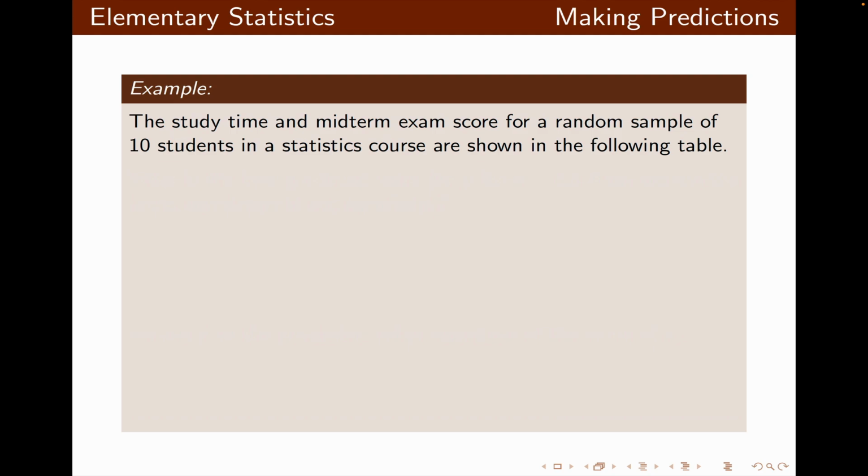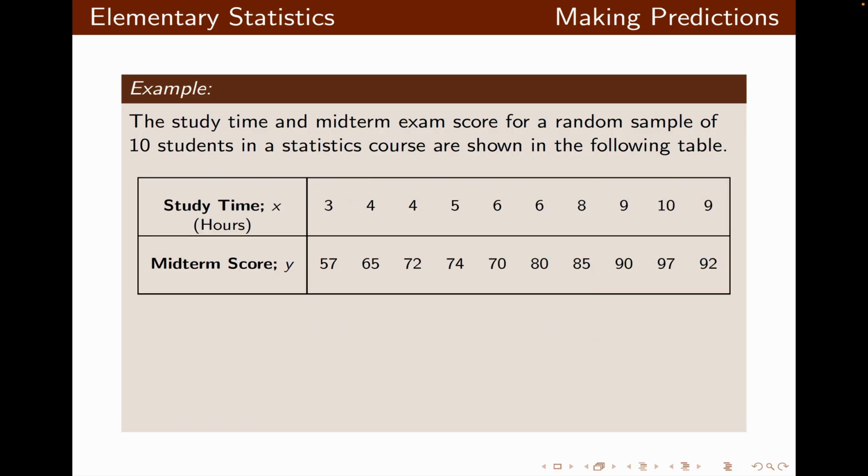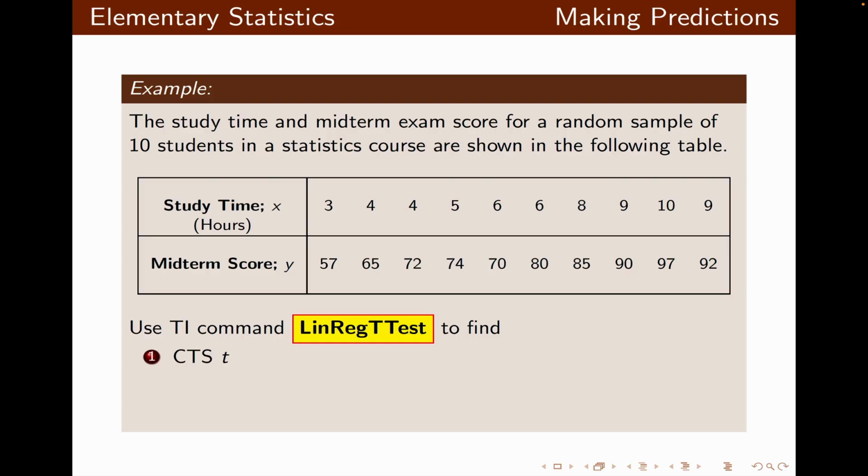Study time and midterm exam scores for a random sample of 10 students is given in the table below. We're going to use the TI command, linear regression t-test, to find the test statistic t, p-value p, and linear correlation coefficient r.